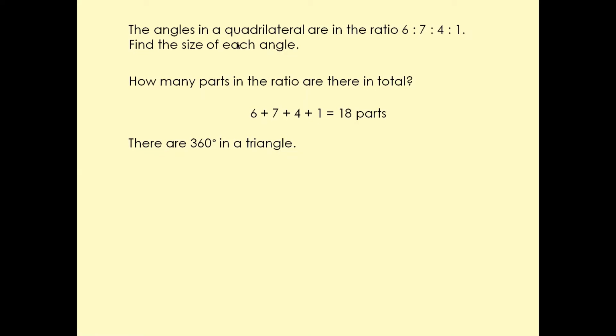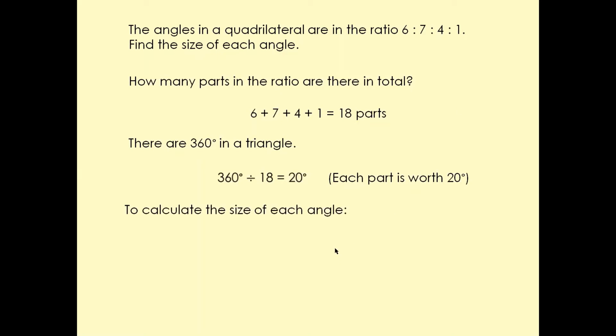And we also know all the angles in a quadrilateral, they all add up to 360 degrees. So divide that by 18. So that's going to be your one part. So one part is going to be 20 degrees. And then simply times this by all these, and you'll get all the angles in a quadrilateral.